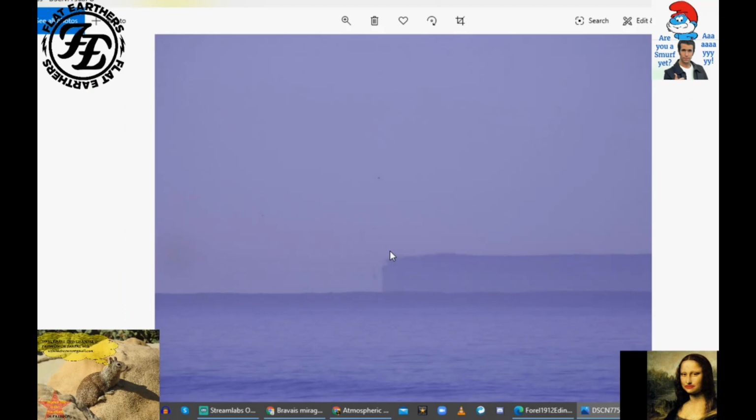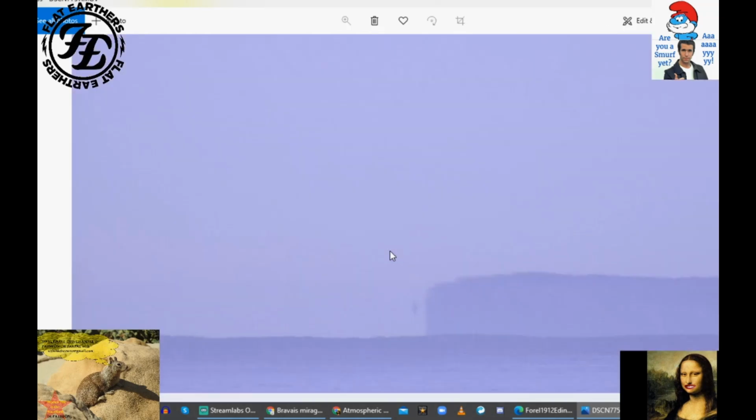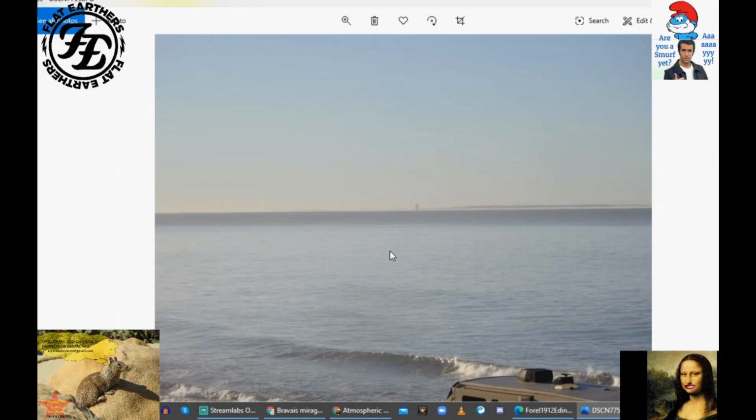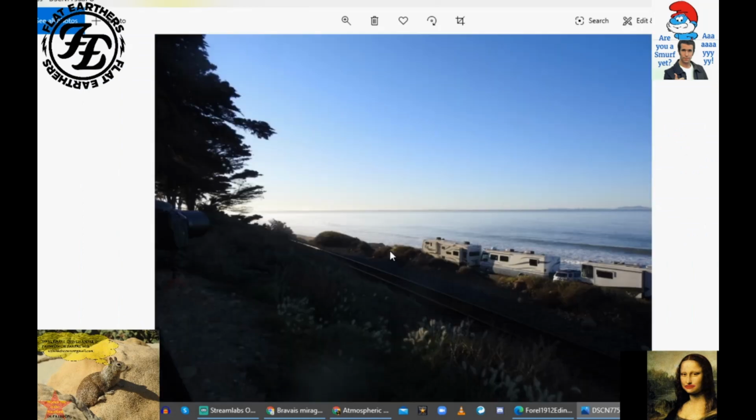Where'd it go? Where'd the arch go? I was here just a minute ago. Where did it go? Alright, I went to another elevation, just not even like 1,000 meters away. But this is like 40, 45 feet up.